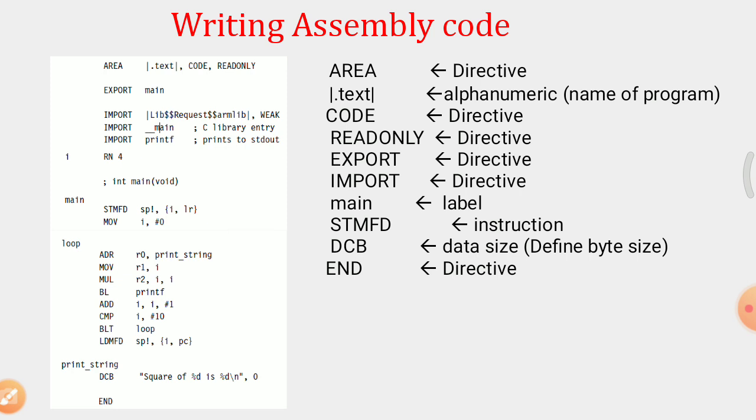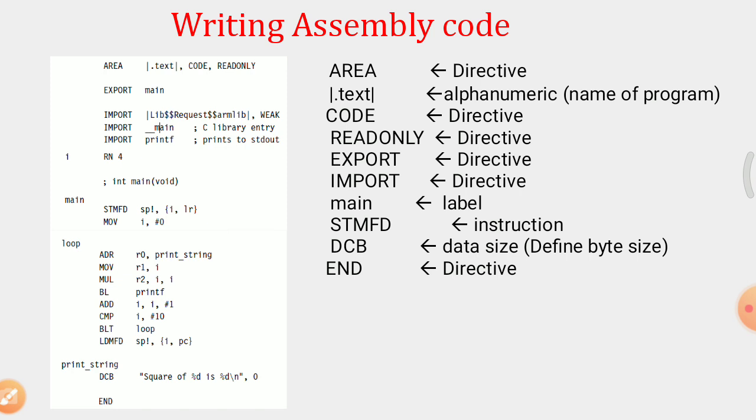It can be written as we have written on the left side. On the right side, we have mentioned some of the main terms which we are going to explain now.